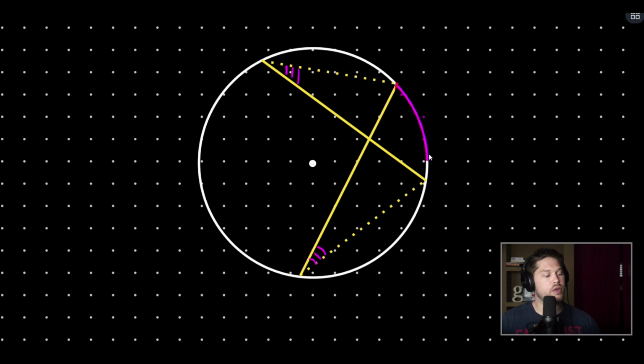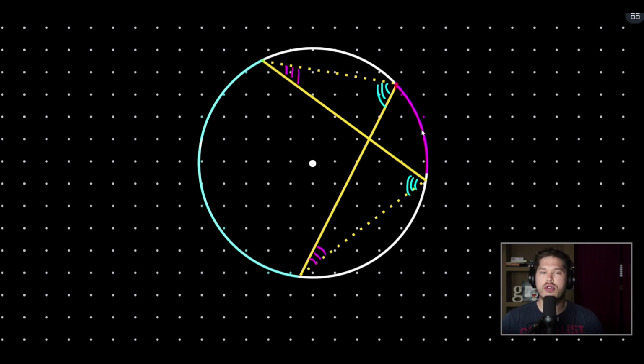Therefore, they are congruent with one another. And similarly, this angle here and this angle here are inscribed angle measures to the same arc measure on this side as well. This tells us by angle-angle similarity that these 2 triangles are similar.